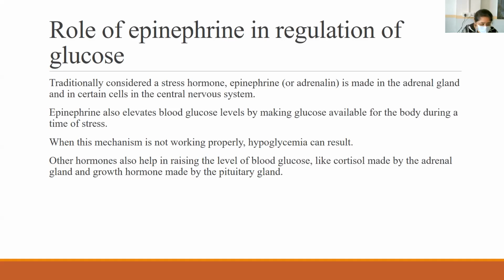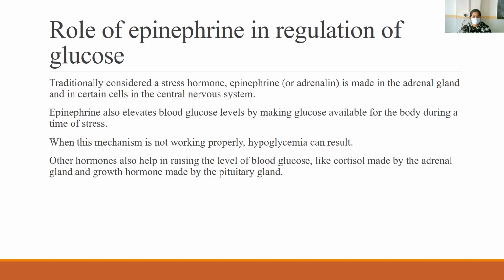So if continuously for 2 years together you have a very stressful life, you are prone to be diabetic because your glucose level can increase. Epinephrine elevates blood glucose levels by making glucose available in the body during a time of stress. So this is the biochemical reason which says that stress can cause diabetes.